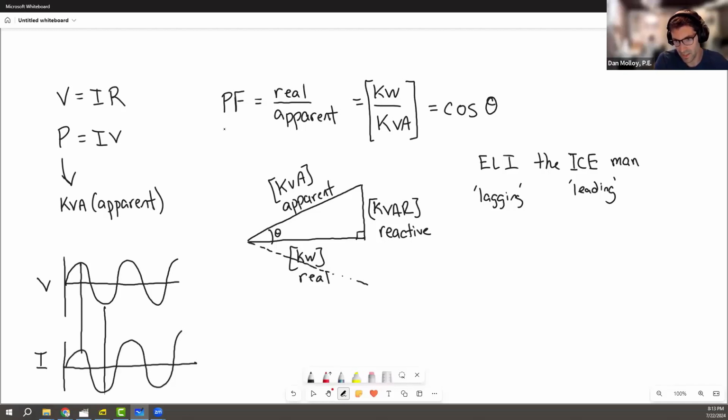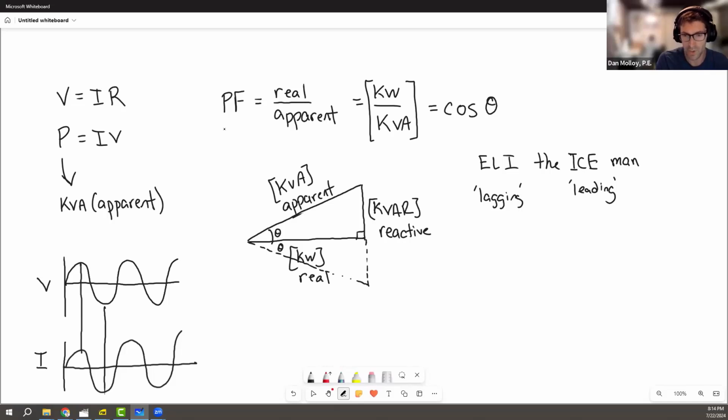So I'll just kind of draw that as a dotted line. And theta then becomes a negative angle below. But the cosine is the adjacent over the hypotenuse, and the adjacent is always the real power, and the hypotenuse is always the apparent power. So that's just mirroring down across.